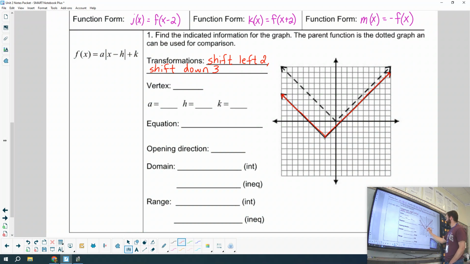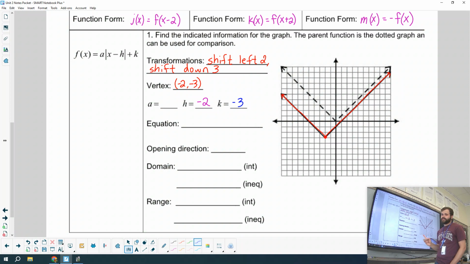My vertex is here at -2, -3. Okay, so that's your vertex. Remember, your vertex is your h and your k. So my h is -2 and my k is -3. And you can see that: to the left 2 and down 3.